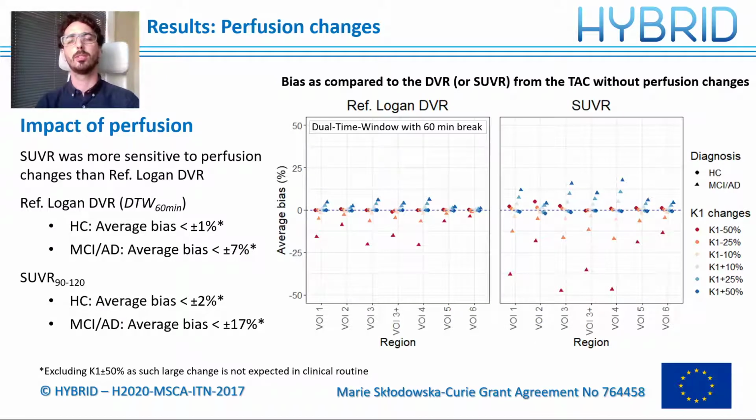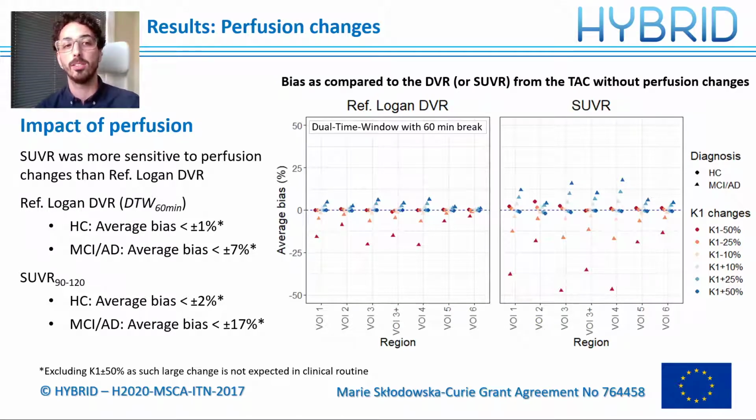And if we exclude our simulations where K1 was increased or decreased by 50%, which is a very large change and not really expected in clinical routine, we observed that the reference Logan DVR from the dual time window protocol with a 60-minute break had an average bias less than 7% for the patients and less than 1% for the healthy controls on average, when K1 was changed up to 25%.